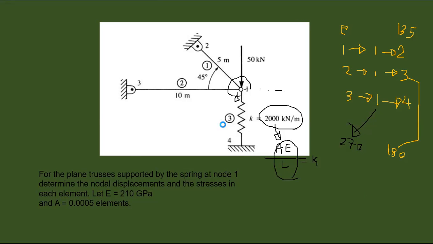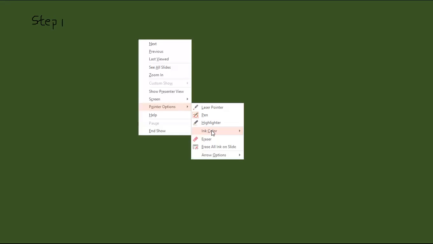So the first step, step one, is the element stiffness matrix. We call it for element 1.